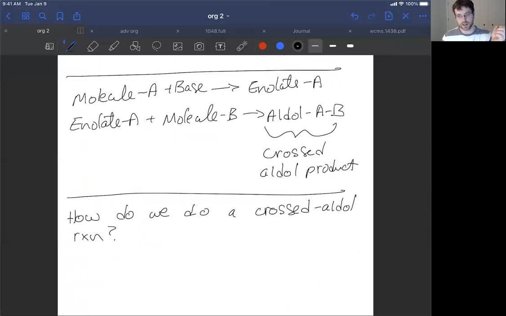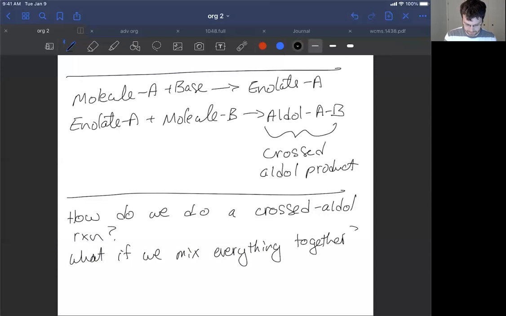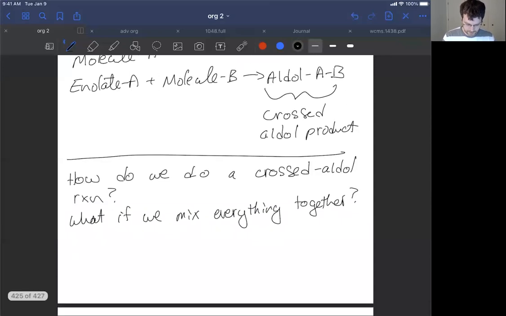One serves as the precursor to the enolate. The other one reacts with that enolate to give a crossed aldol product. Let's just mix everything together. How about that? That's a good idea. I'm a big fan of that, mixing the chemicals.